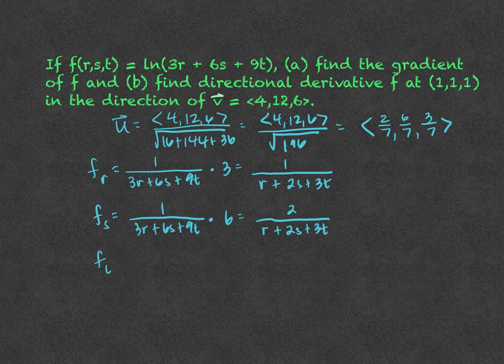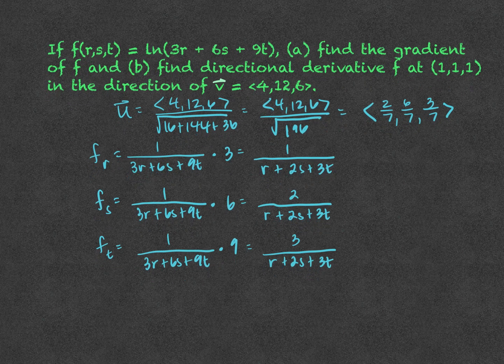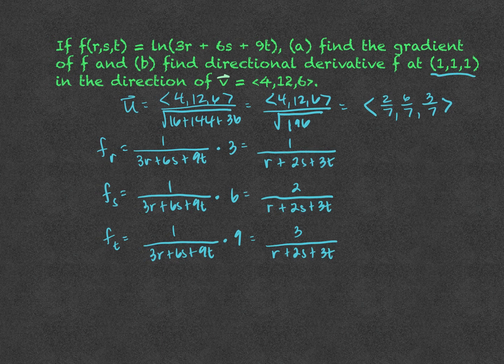And then our partial with respect to t, again, we're going to have 1 over 3r plus 6s plus 9t, and the derivative with respect to t is 9, so that means we have 3 over r plus 2s plus 3t.